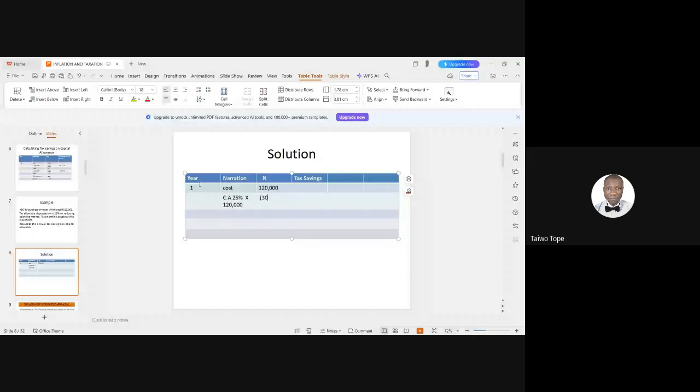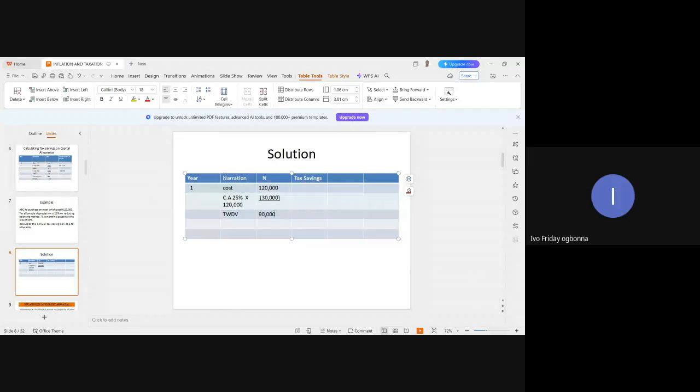Less 30,000. The difference between the cost and the capital allowance will give you what? Tax written down value, TWDV. And that will result into what? 90,000.